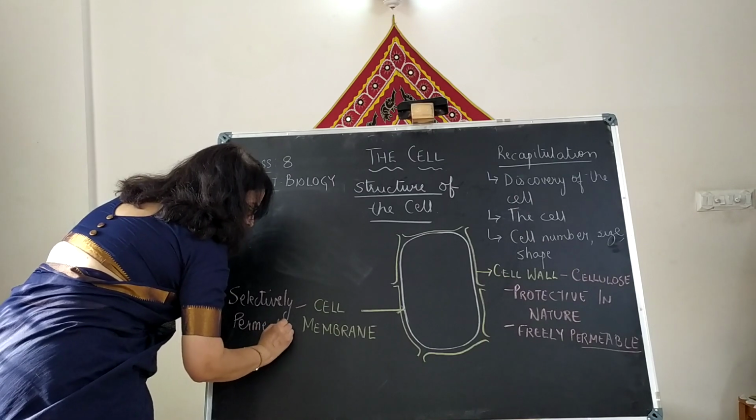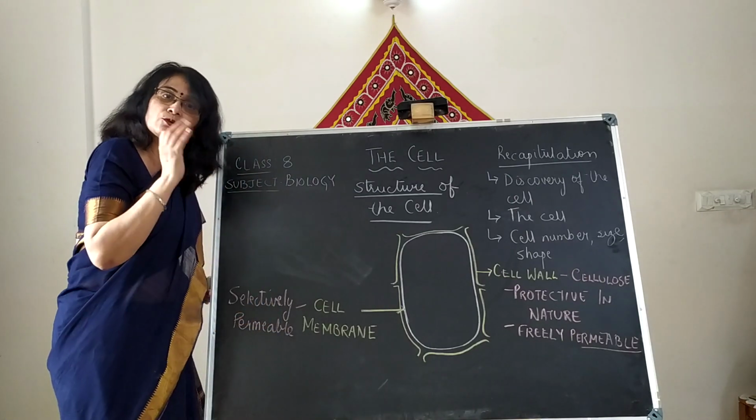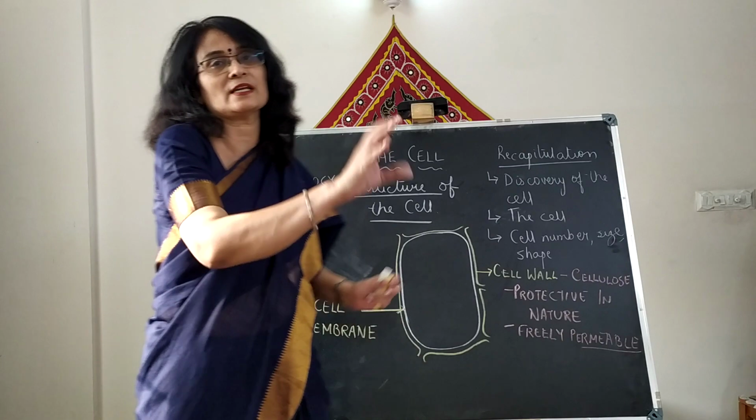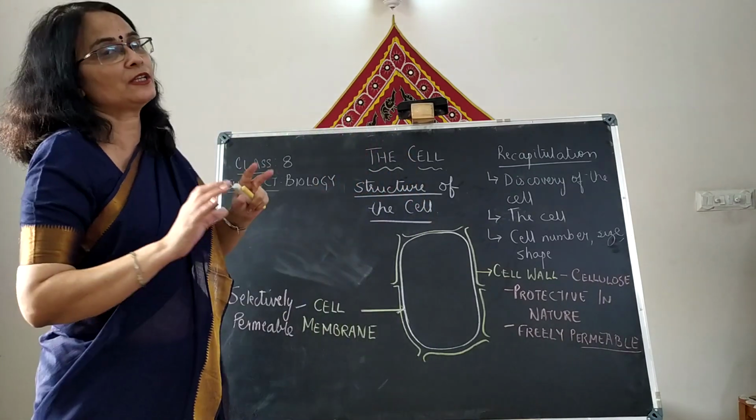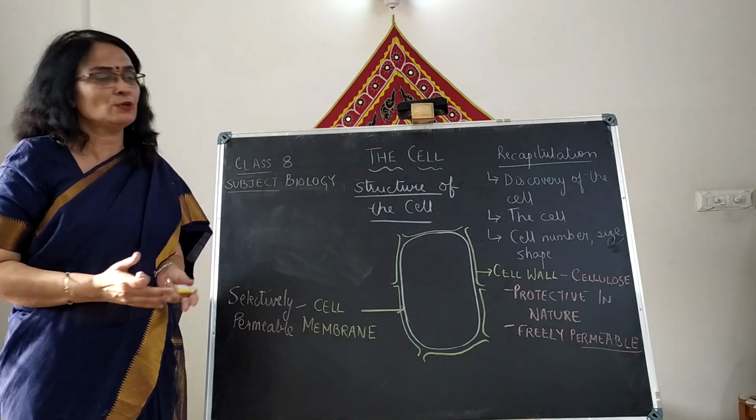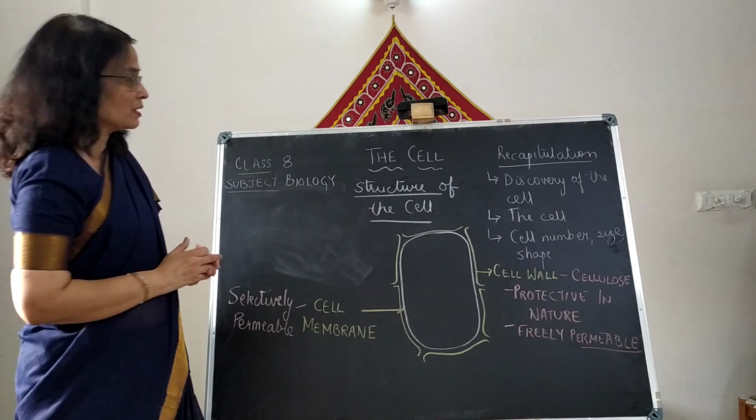What do you mean by selectively permeable? It means it is only going to allow certain substances to pass through it and not allow some of the others to pass through the cell.